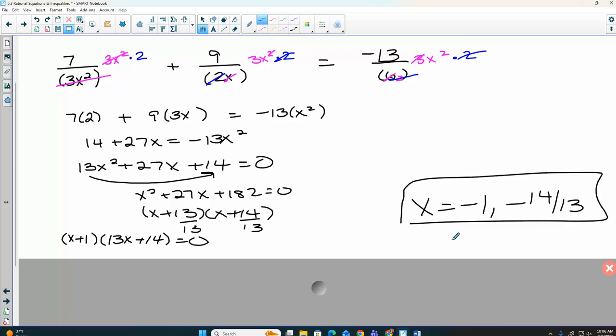At the very beginning, we said x can't be 0. So these answers are okay. You might get a couple answers, you might get 1, you might get nothing. Okay, so we always have to check. Any questions there? We're going to try a few more.